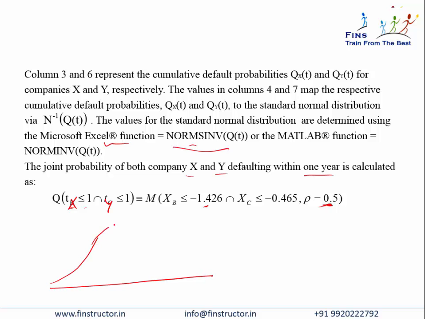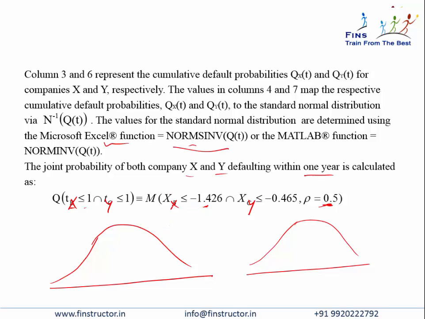So for bond X, the probability that both of them will default in the first year will come from the joint probability.